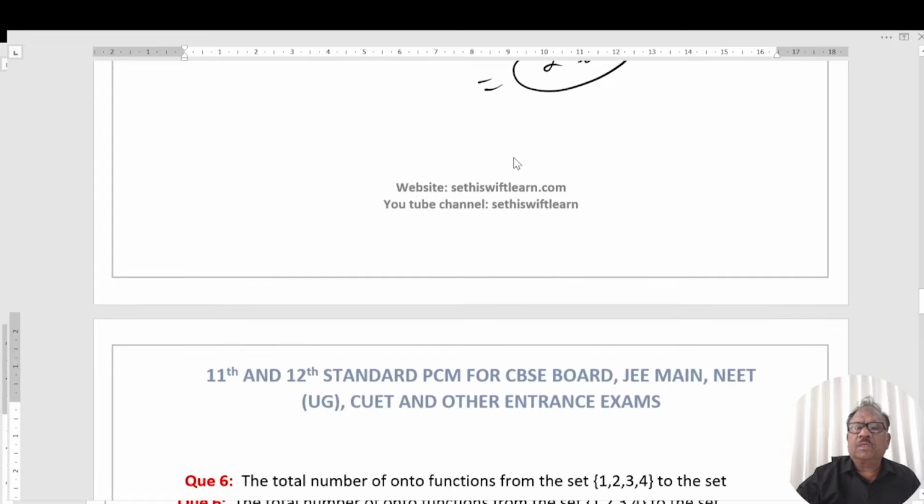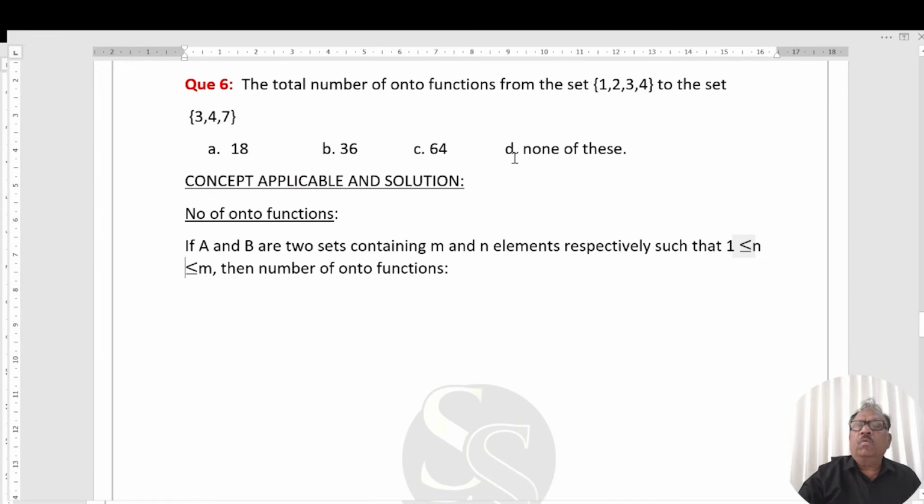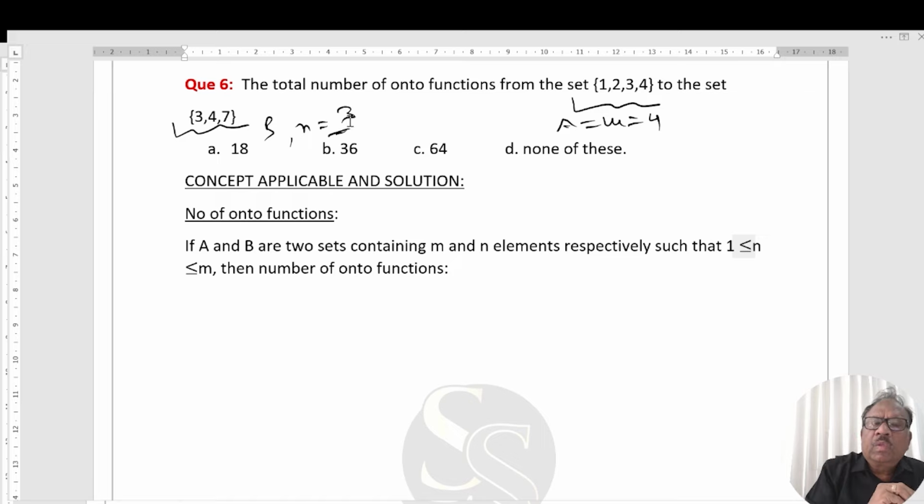Now, next. The total number of onto functions on the set. This is set A, with m equal to 4 elements. This is set B, with n equal to 3 elements. The necessary condition for onto is that n should be less than or equal to m. m is 4, so the condition is satisfied.